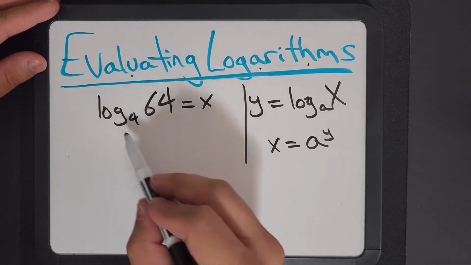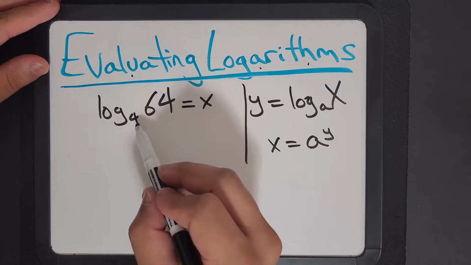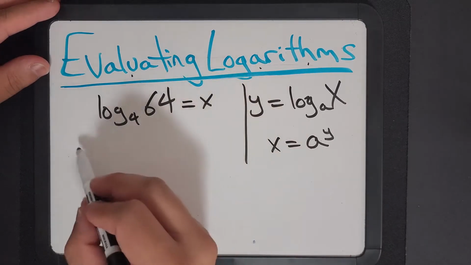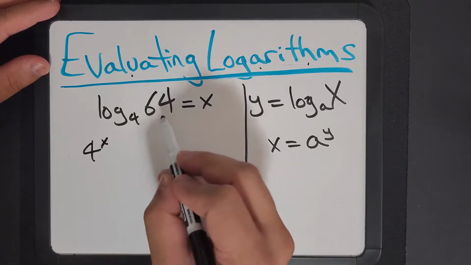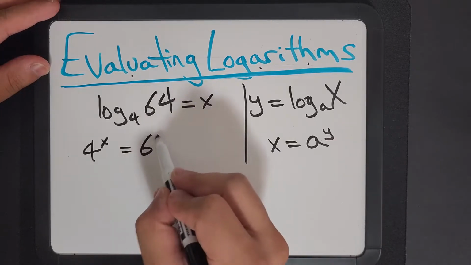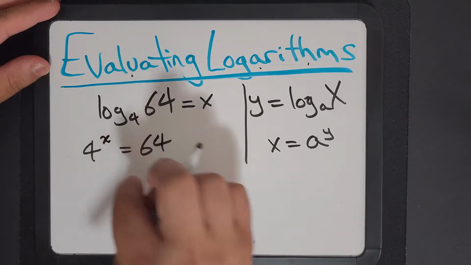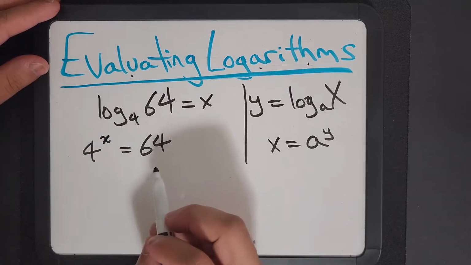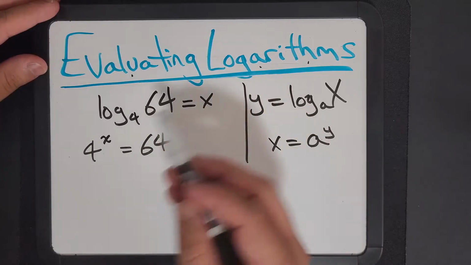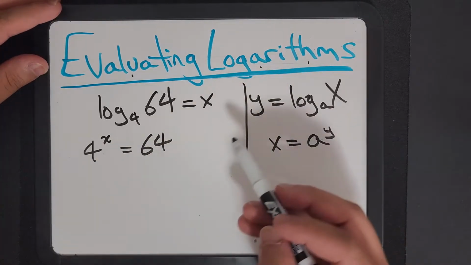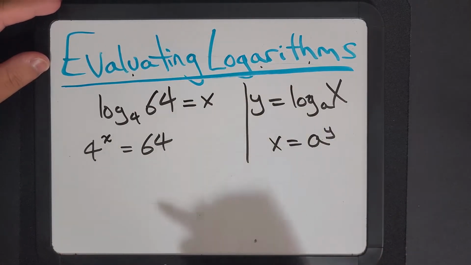This whole thing, which is equal to x. So 4 to the x should give me 64. And that is how you rearrange the exponent into log form and back and forth.